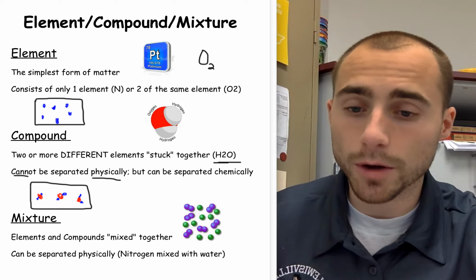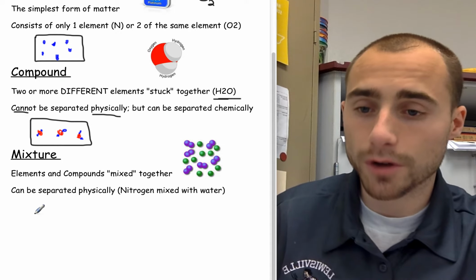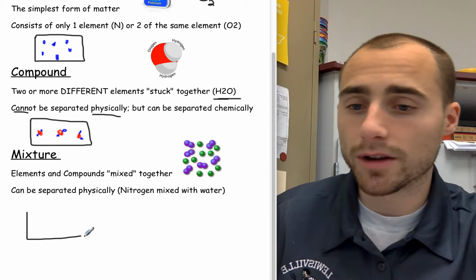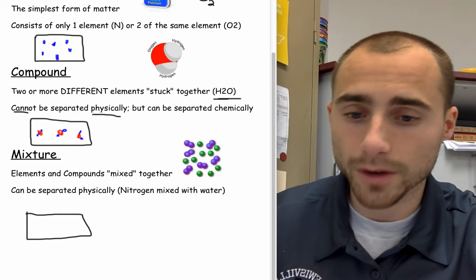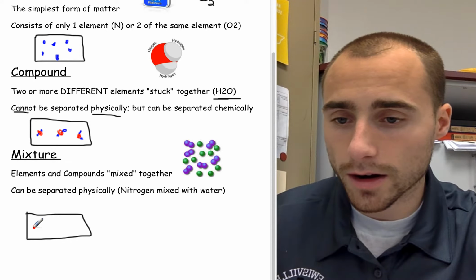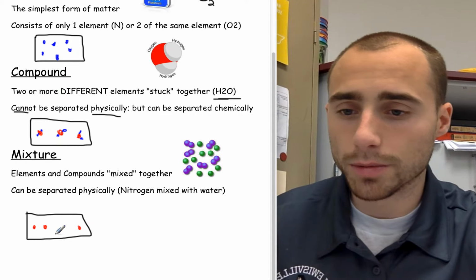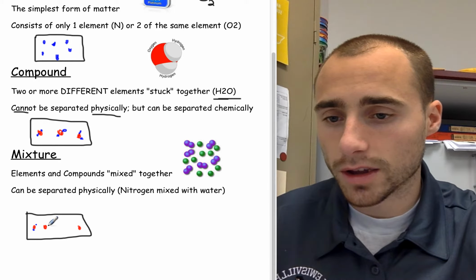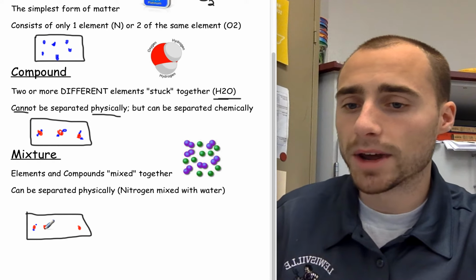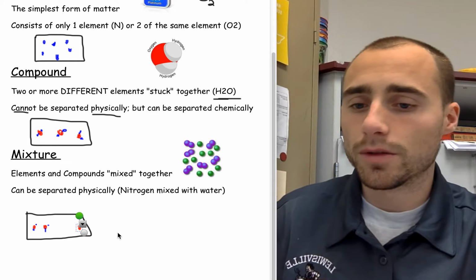So if you were going to look at a mixture under a microscope, it would look something like the image that's already up there for you, but I'll go ahead and hand draw one just because my hand drawings are so excellent. So we would have our waters here. I'll draw like 3 waters. So we have our red with our blue combined with it. Just draw those little things right there. So we have our compounds, our water, and we'll say that that is mixed, excuse me, sorry about that.